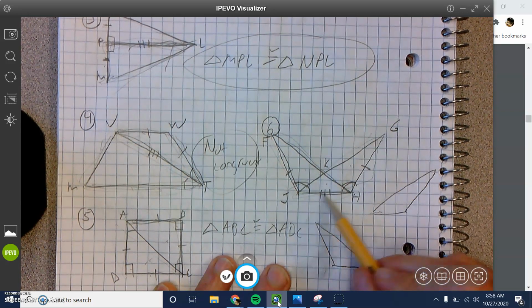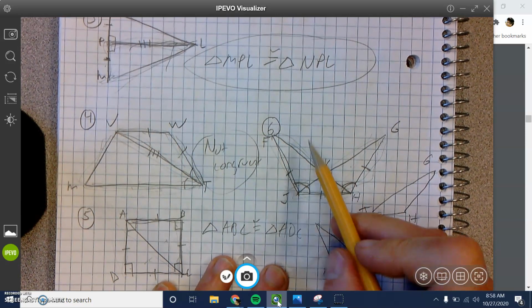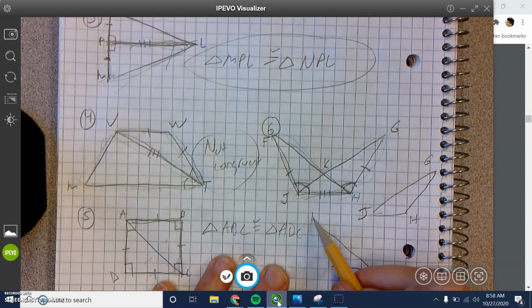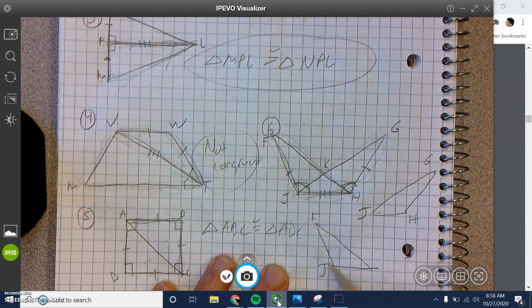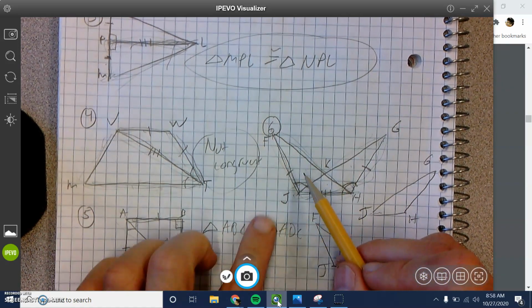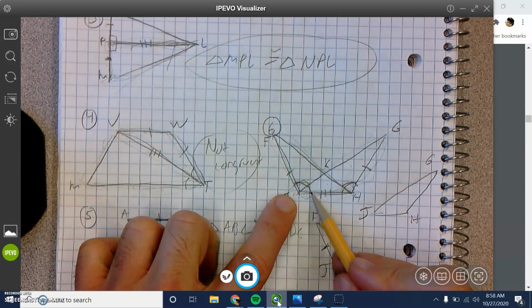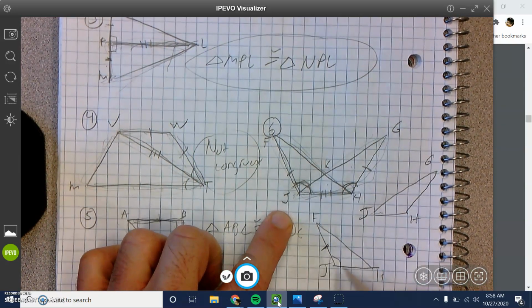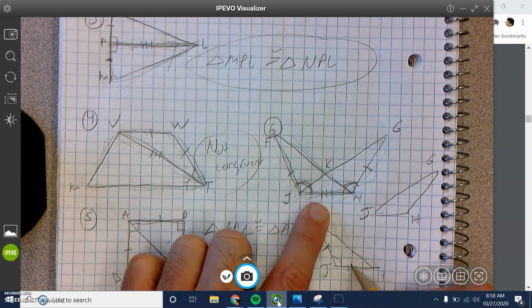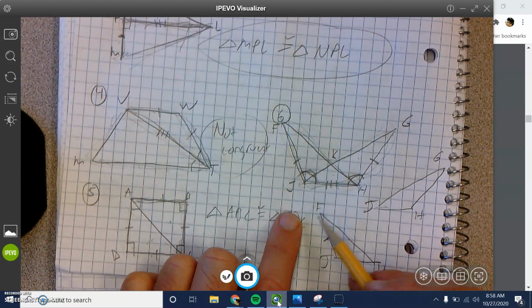So I'm taking this big triangle here, this is G, J, H, and this big triangle here, which is F, J, H. Okay, let's see if it matches up. This big triangle, so I'm not going to transfer the marks. Oh yeah, that's angle J, and this is 3 marks: 1, 2, 3. Side, angle, side, looking good so far. Let's try this one now.